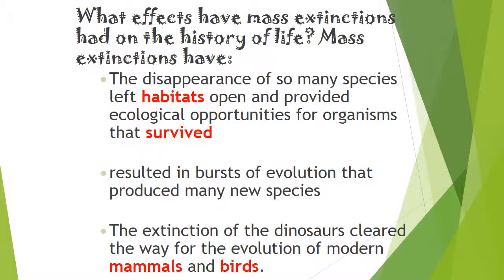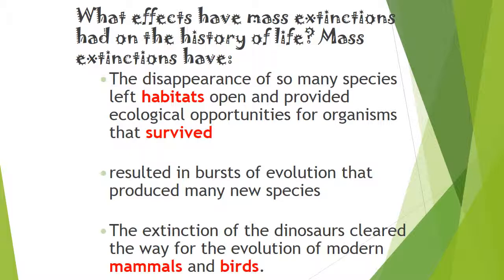So what effects have mass extinctions had on the history of life? So mass extinctions have led to the disappearance of so many different species that the habitats that those species used to live in were now open and available for other organisms to start living in those areas.